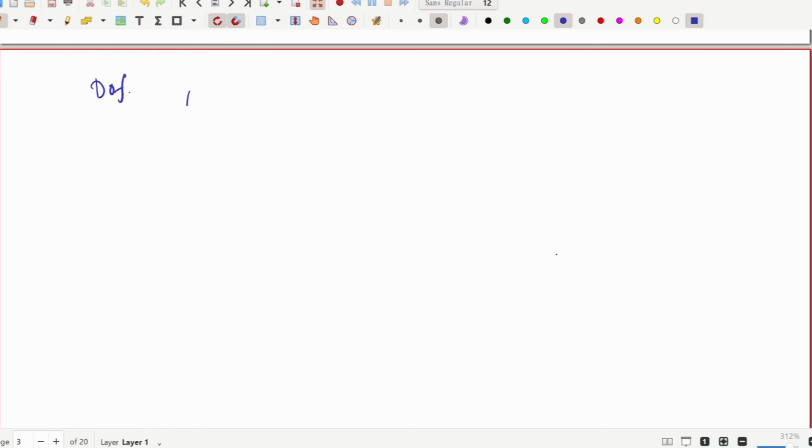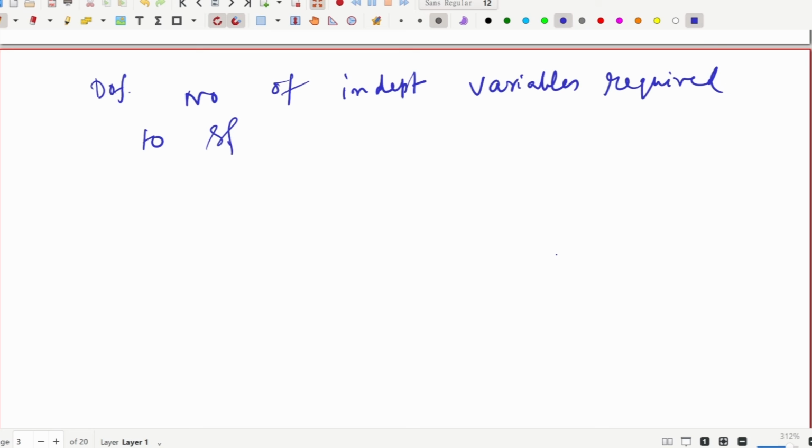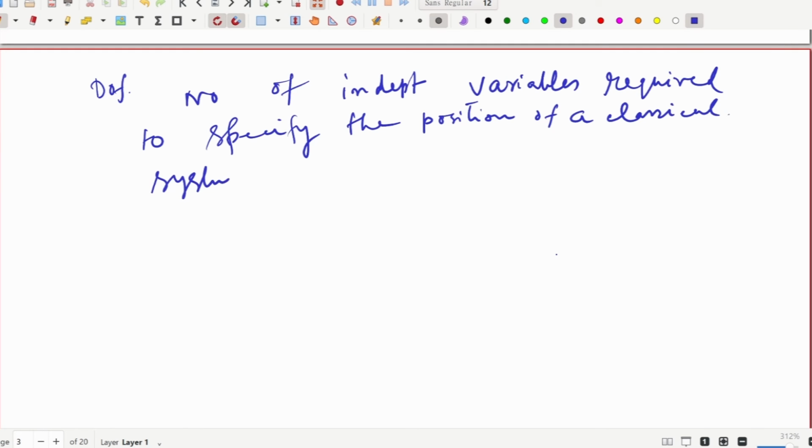The number of independent variables required to specify the position of a classical system at a particular instant of time.